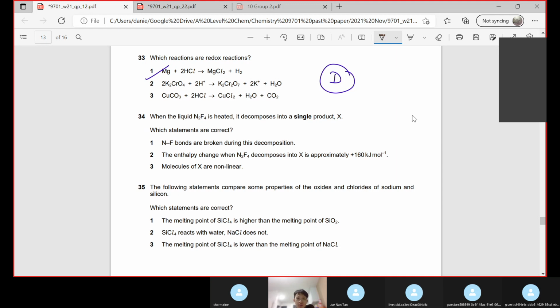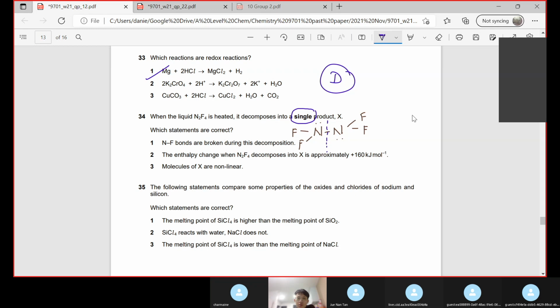The structure of N2F4 is like this: N single bond N, then we have 2 F here, 2 F here, then lone pair, lone pair. It decomposes into a single product. How is it going to break the bond to have a single product? It decomposes symmetrically here.